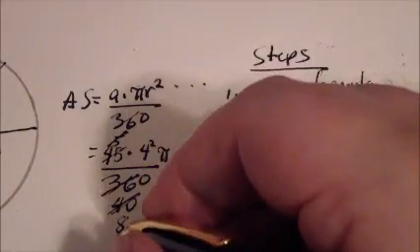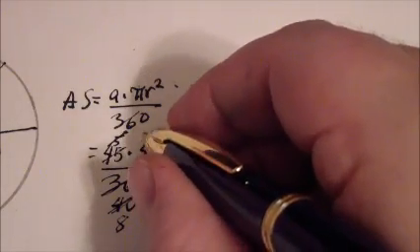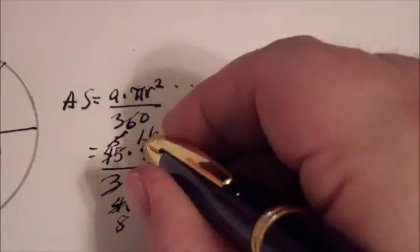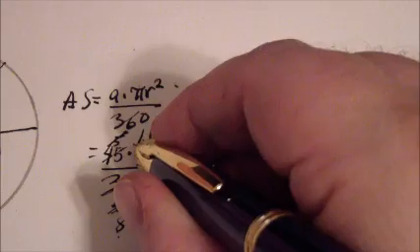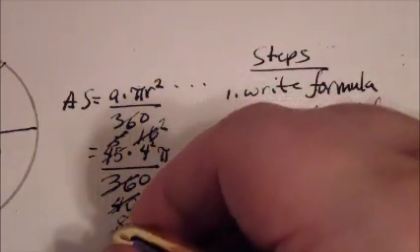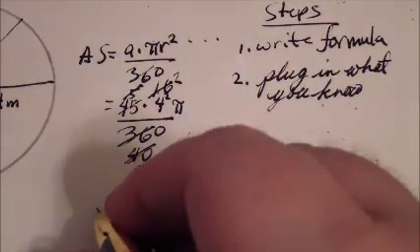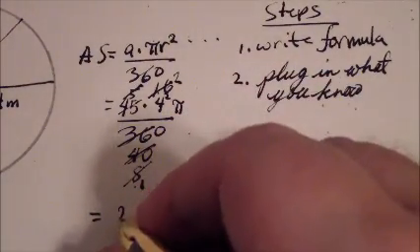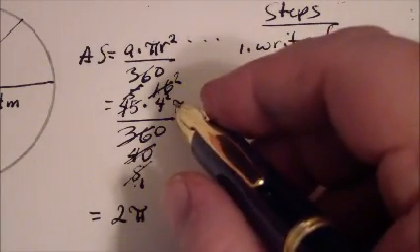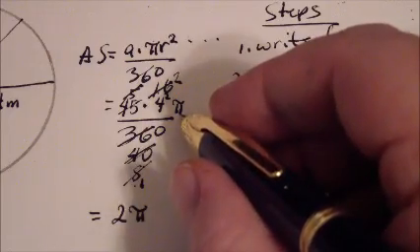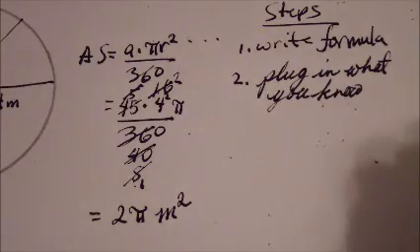And notice that we have 4 times 4, which is 16. We have 16 in the top, 8 in the bottom. Well, 8 and 16 have a common factor of 8. 8 goes into 16 twice. 8 goes into itself once. And we are left with 2 on the top, pi, nothing on the bottom, and this is in meters, but since we squared it, it's in meters squared.